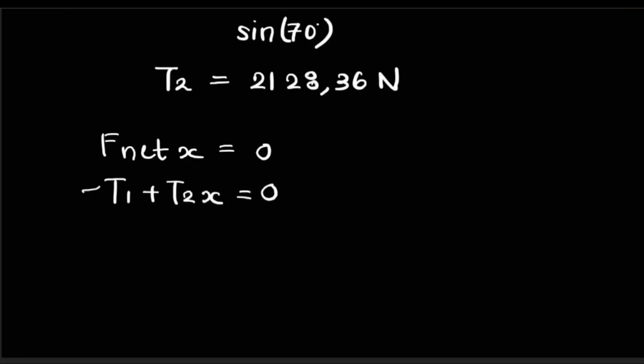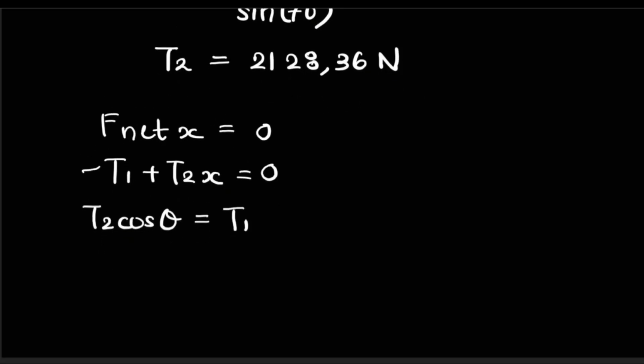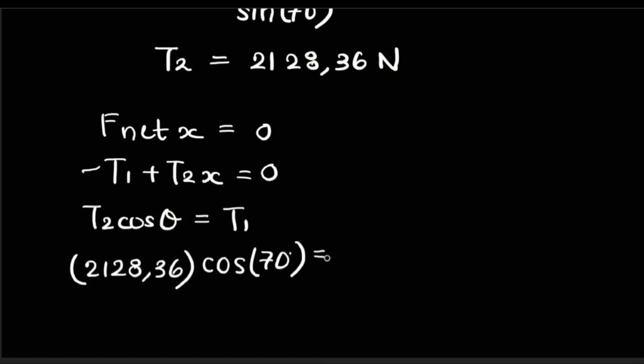Okay, here's what we've got. You can do this right now or you can do it later on. I'm actually going to take this T1 over to the right just to make it positive. And for T2x, I'm going to expand as T2 cos theta. Now, we already calculated what T2 is, so that is 2128.36, times cos 70 degrees.